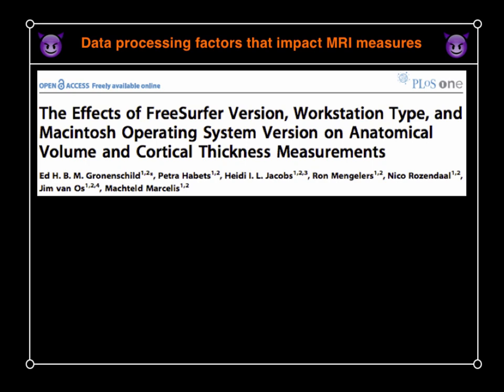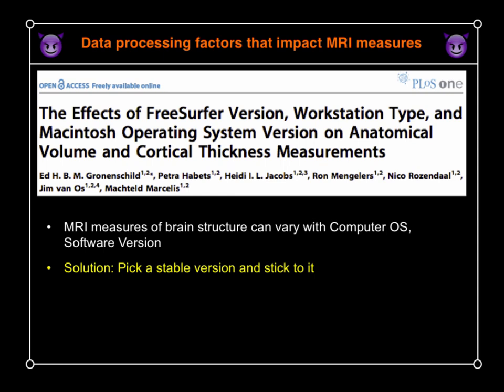It turns out this paper suggested that, using the same data, the cortical thickness measures reported on a Linux machine versus a Mac OS machine had subtle differences. These are really subtle, but it is still a nuisance variable that you want to control for. So if you are going to start on a project, stick to the same operating system and same version and so on.